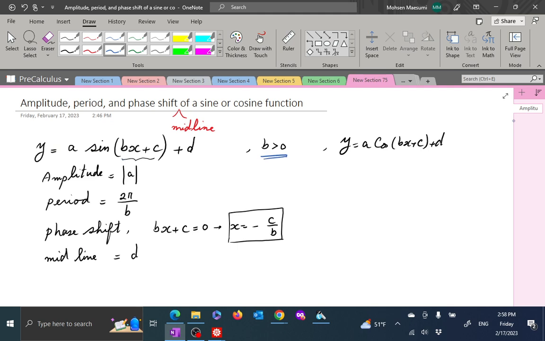Phase shift, we take the argument of sine or cosine, set it equal to 0, solve it. That's where that 0 point goes. It goes to this point. That's called phase shift. Midline is the number that you lower or take up the function by. That's where the intercepts are going to travel to.